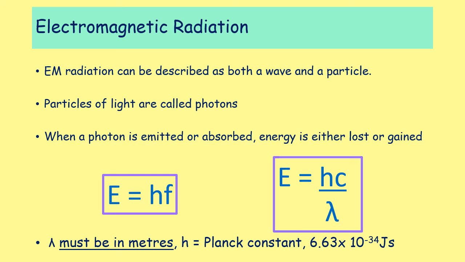Now whenever you're using this equation, you need to turn your wavelength into meters. So remember that 1 nanometer is 1 times 10 to the minus 9 meters.